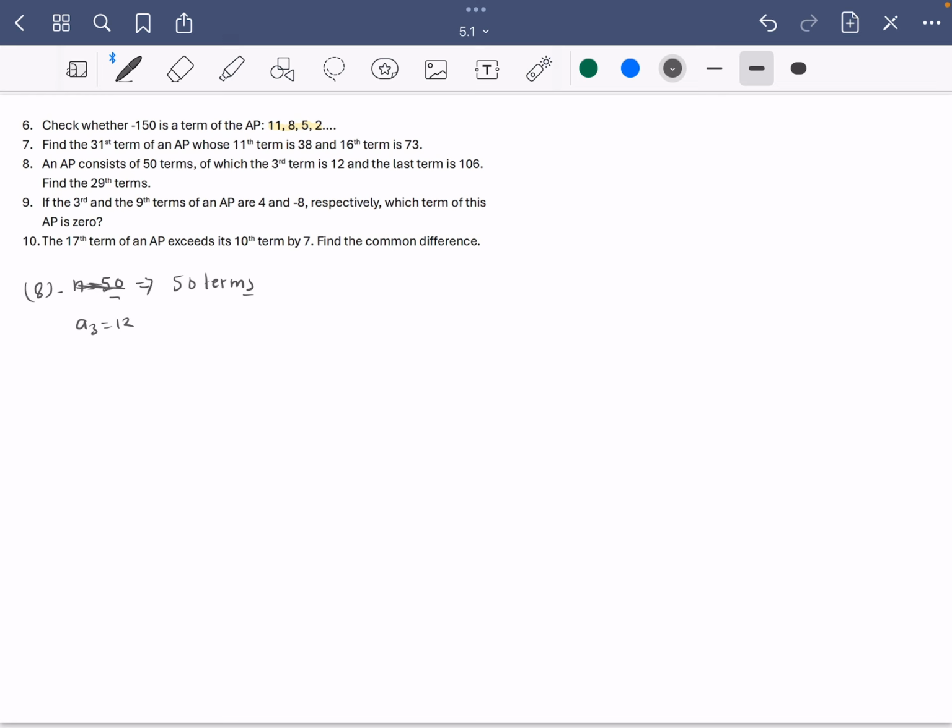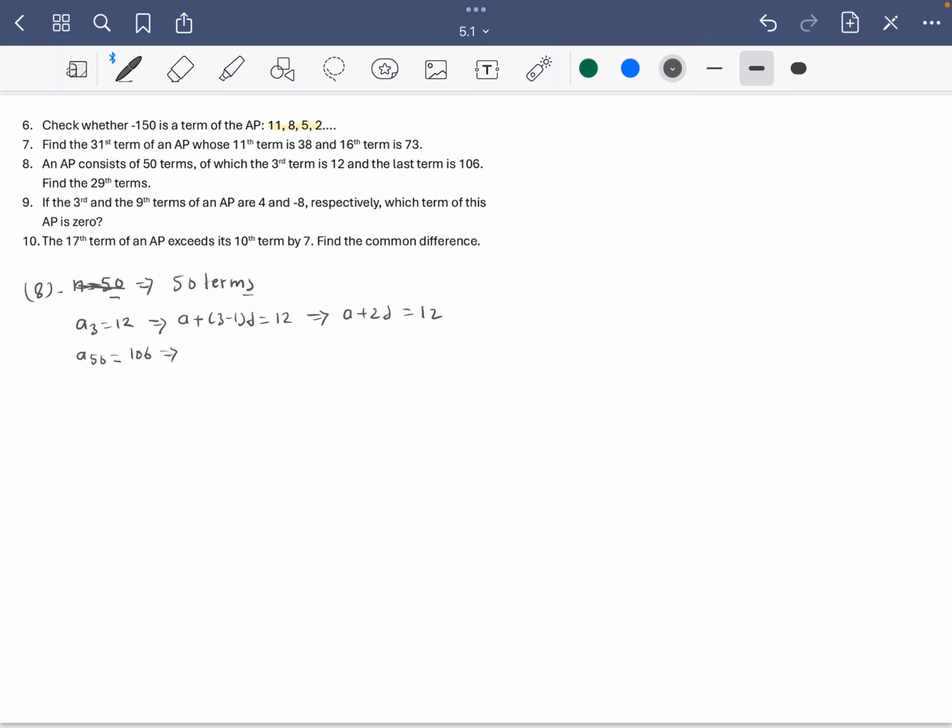So we know there are 50 terms. That means A50 is 106. So you can write A3 as a plus 3 minus 1 times d, let's say d is the common difference, is equal to 12. So it can be written as a plus 2d is 12.